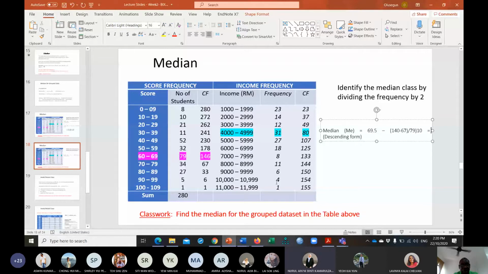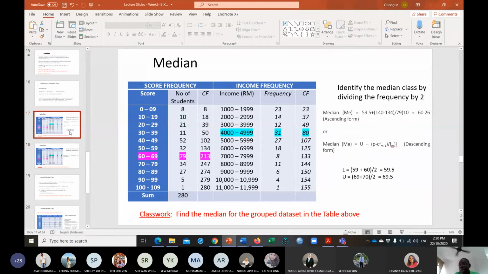Okay, I got the same answer now, 60.26. Yes, 26. Good, and the answers are the same. Yes, no decimal. Yes, 60.26.